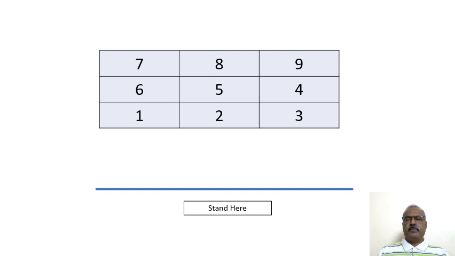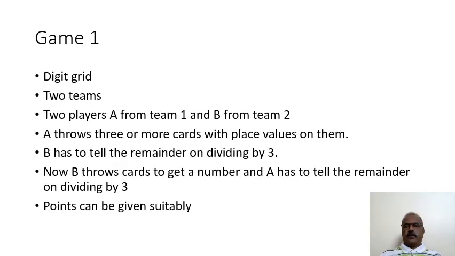This is the setup. The player stands at a slight distance from the grid and throws in the cards or pebbles or whatever to obtain the digits of numbers. This game's way of playing is explained in our first video on Playway Math with Digit Grid, which is available on this channel. Let us look at the first game.